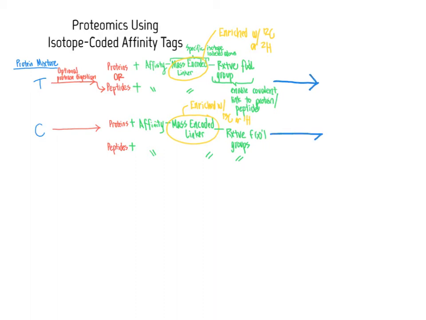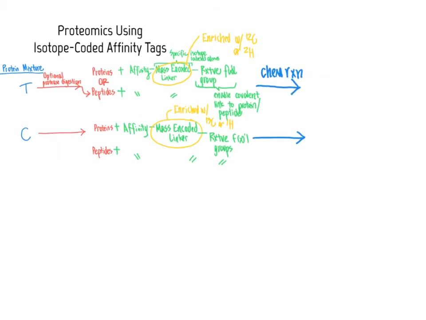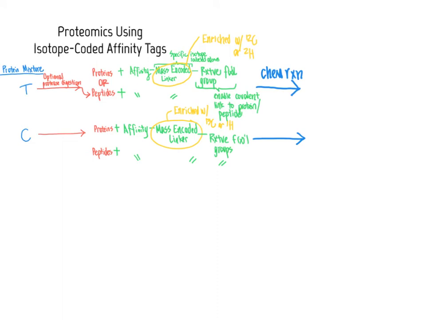And so what would result after this chemical reaction to covalently link these is we will end up with our treatment versus control proteins or peptides, peptide if we've digested with a protease, protein if we have not.